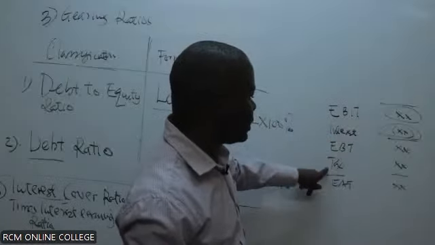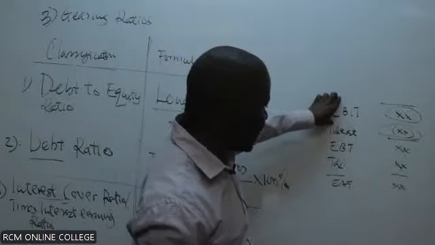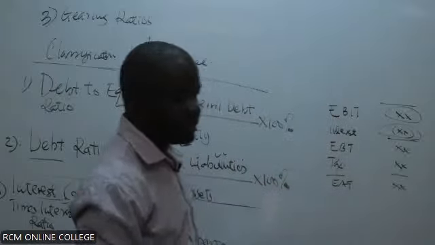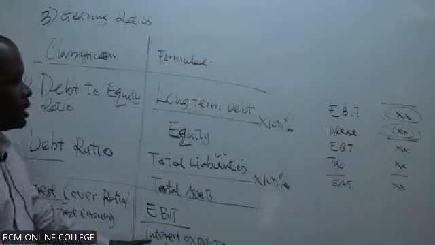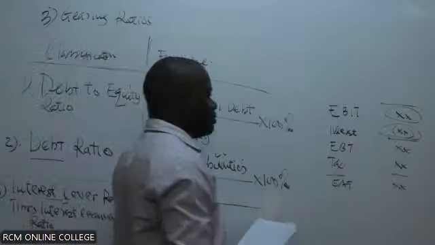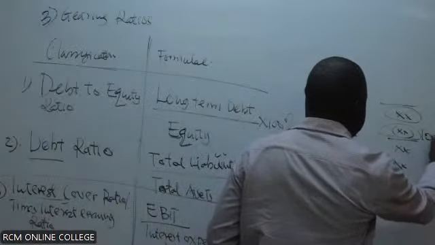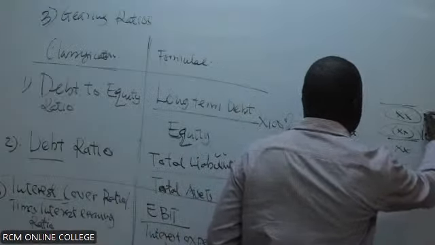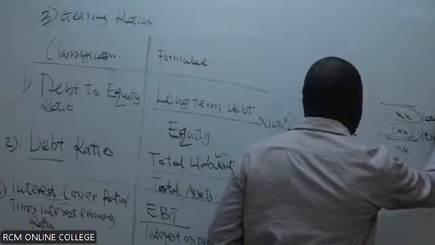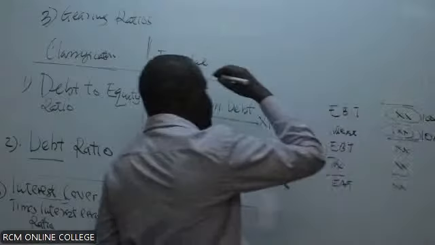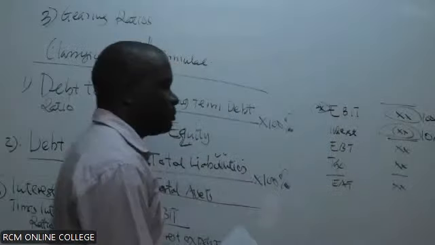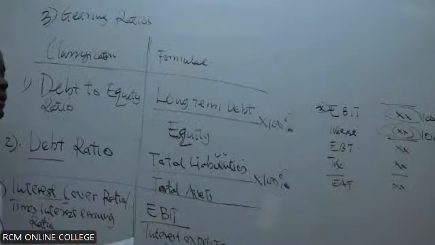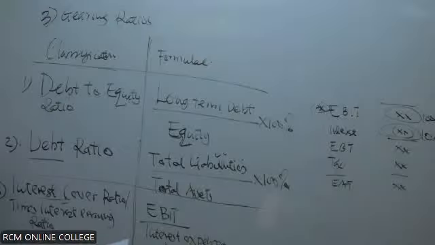We want to know whether these earnings will be able to cover this interest. For example, if you have interest of 10 million, and earnings before interest and tax of 100 million, it means these earnings can cover the interest 10 times.